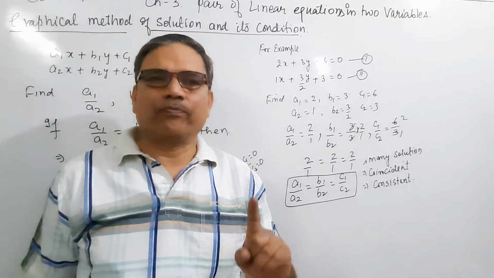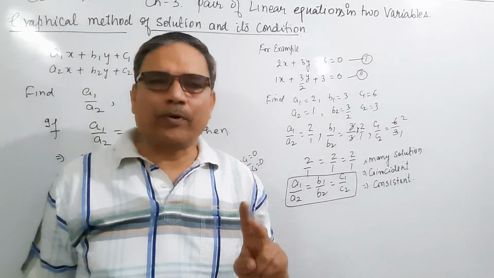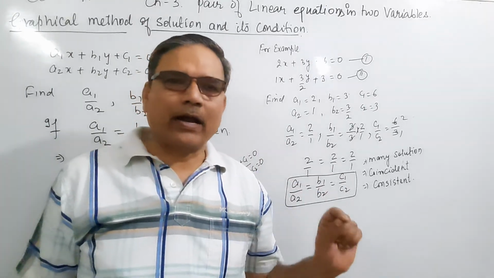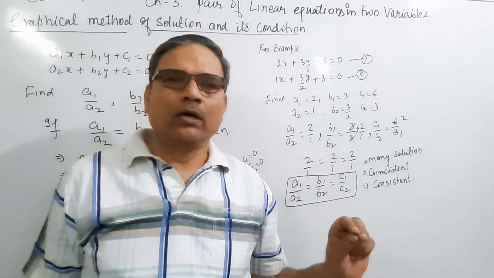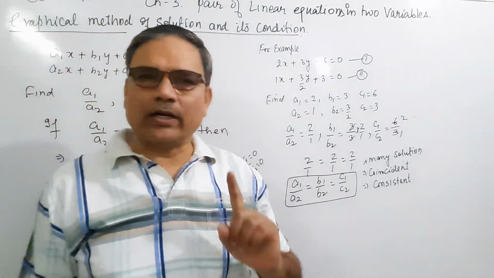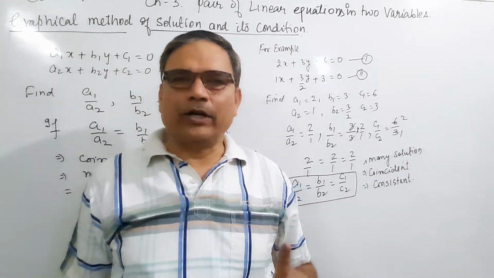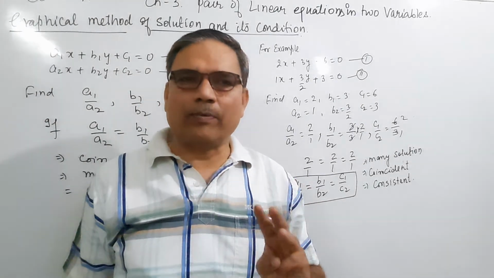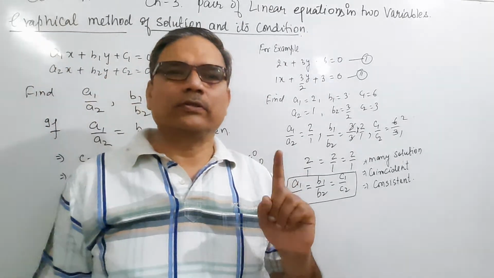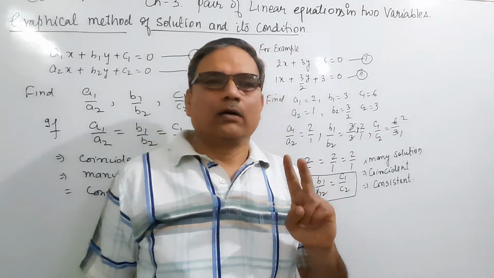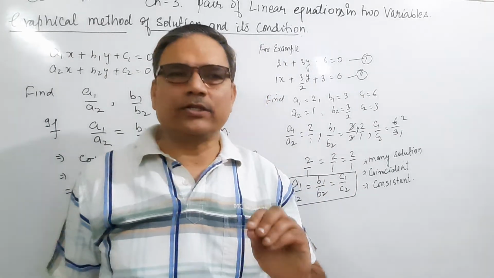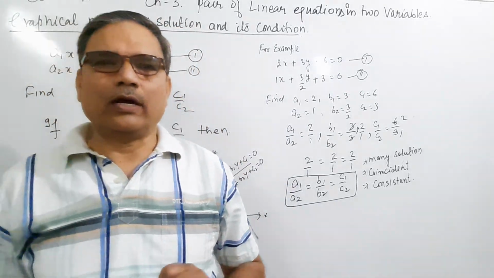Second condition, if a1 upon a2 equals b1 upon b2 not equal to c1 upon c2, then the lines are parallel, meaning no solution and inconsistent. And the third condition, if a1 upon a2 equals b1 upon b2 equals c1 upon c2, all three ratios are equal, then they are coincident, meaning many solutions, and consistent, meaning having a solution.